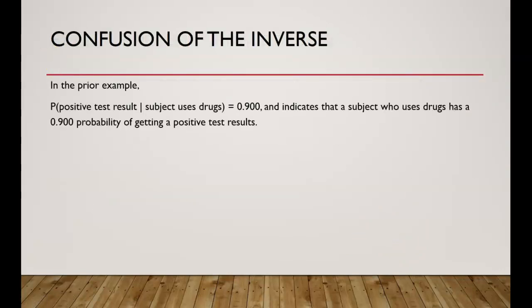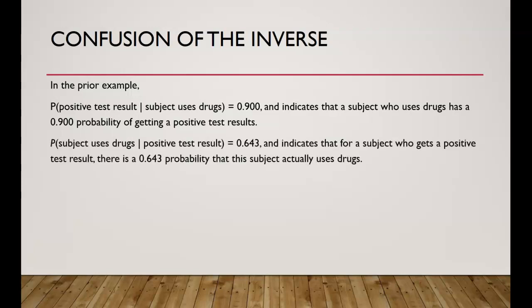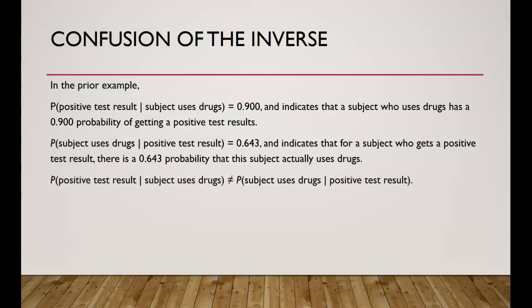You probably noticed that the result from part A and part B is not the same. Probability of selecting someone with a positive test result given subject uses drugs is 0.900, and indicates that a subject who uses drugs has a 0.900 probability of getting a positive test result. Probability of selecting someone who uses drugs given that they have positive test result is equal to 0.643, and indicates that for a subject who gets a positive test result, there is a 0.643 probability that this subject actually uses drugs.